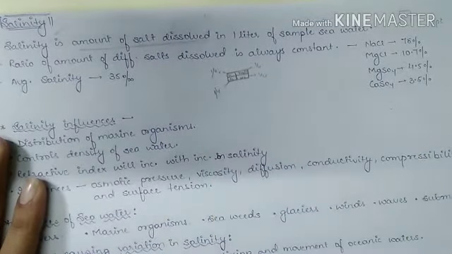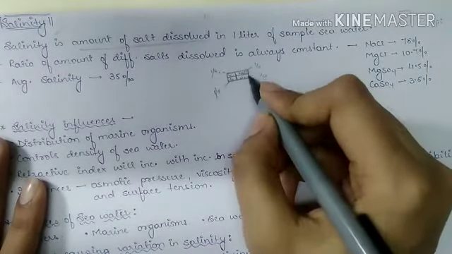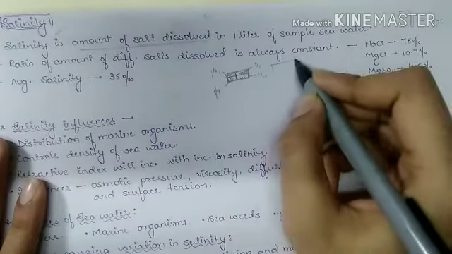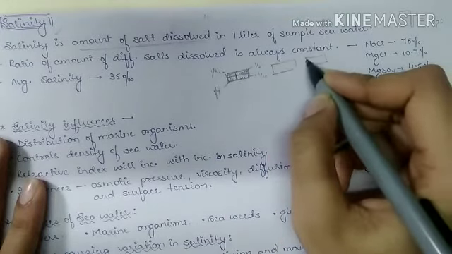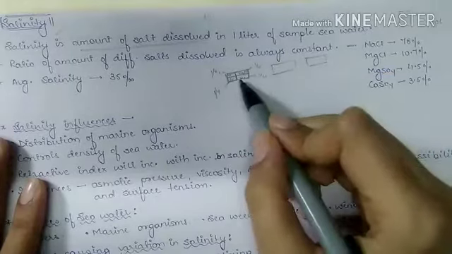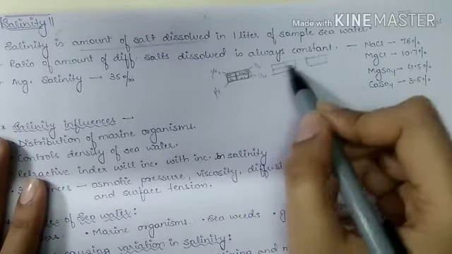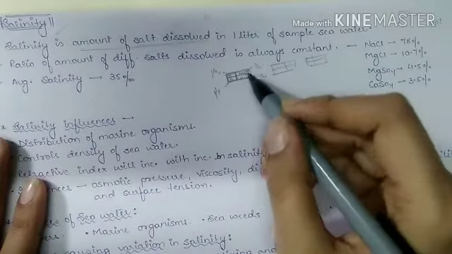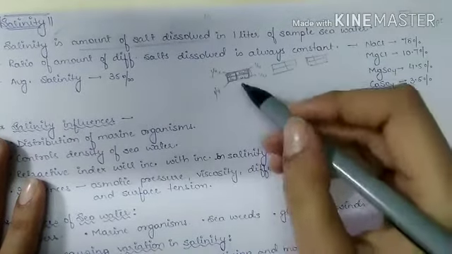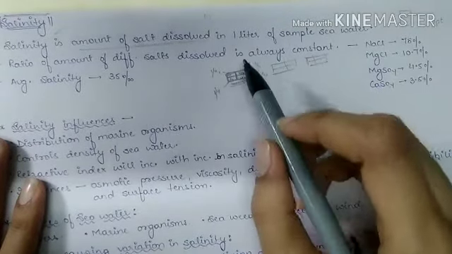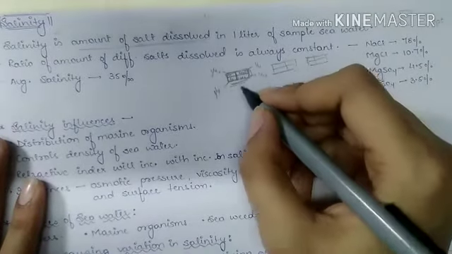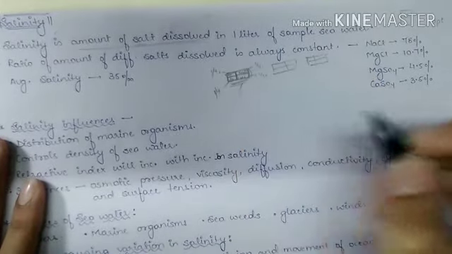The number of packets may differ, but the proportion of salt present in each packet is the same. So the ratio of the different types of salt present will always be the same.